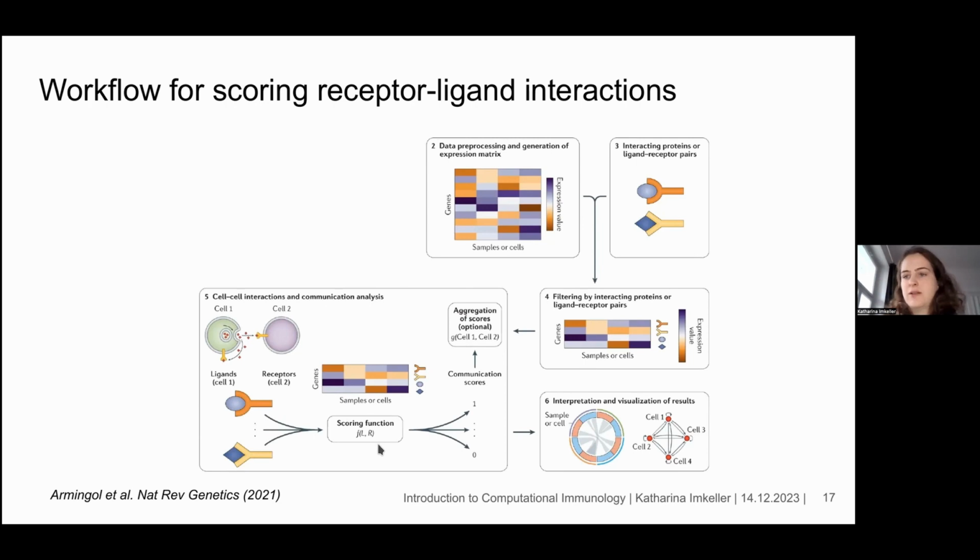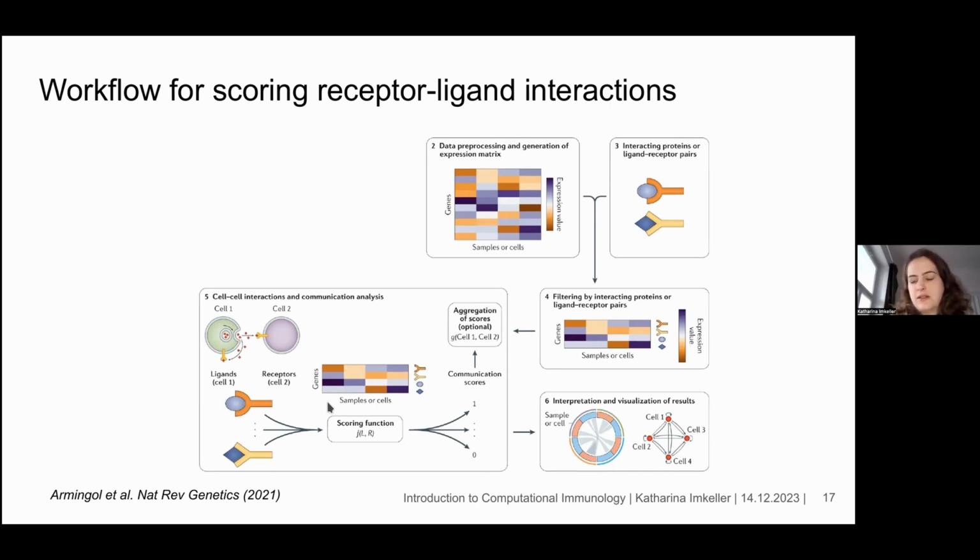We will take a look at scoring functions in the next slide. But what all scoring functions do is to take the information from the expression and the information from the receptor-ligand pairs and output a score for each receptor-ligand pair. And this table of scores is then used for further interpretation and visualization.